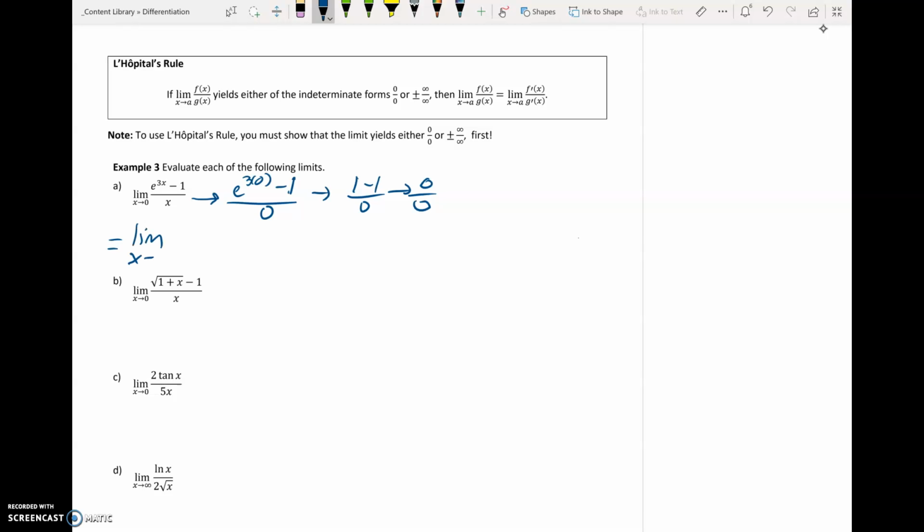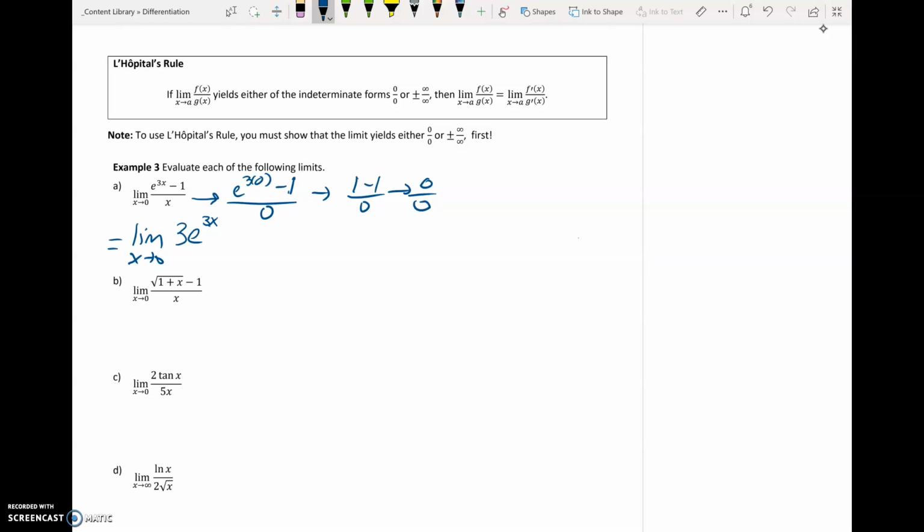So this means I'm going to take the derivative of the numerator and then the derivative of the denominator. In your numerator, e to the 3x, we're going to have to use the chain rule. The derivative of e to the x is e to the x. If it has a 3x in there, that's fine, we'll just leave it there. I just need to multiply by the derivative of 3x, which is just 3.